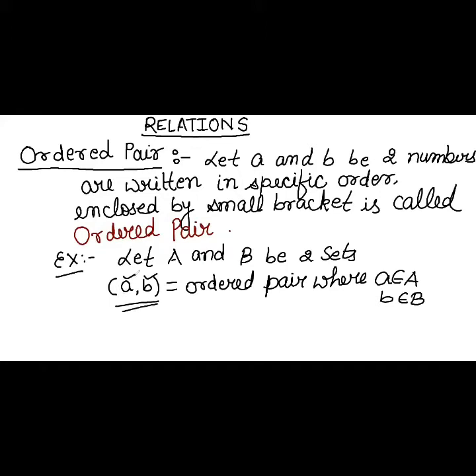This is the way to write an ordered pair. Actually, we have to show elements of the Cartesian product and relations, and after that functions also, by using this ordered pair. So we have to understand properly what an ordered pair is first. Here I have taken (a, b), and this is an ordered pair enclosed by small brackets and written in a specific order.